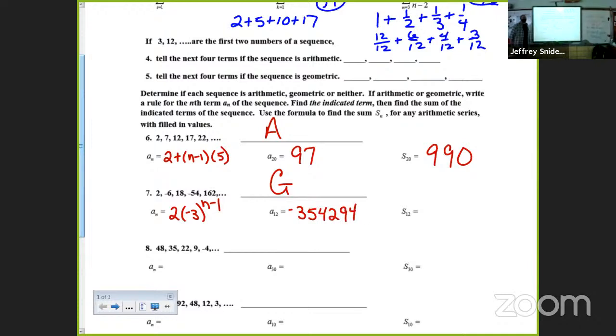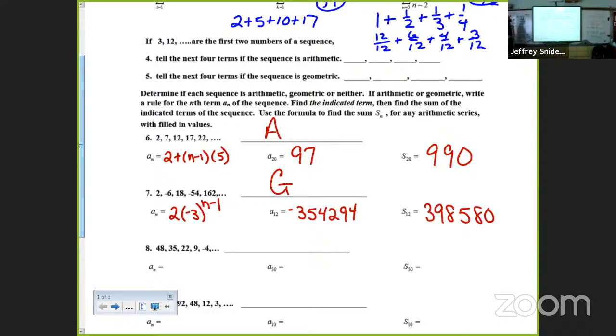You guys got that too? Okay, good. And then the sum of the first 12. Anybody? Grace, I got 398,580. And it's positive? Yes. Okay. You didn't get that?